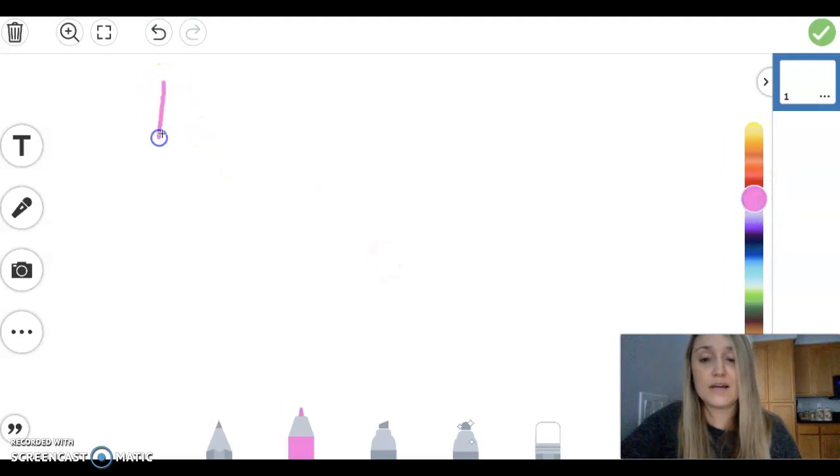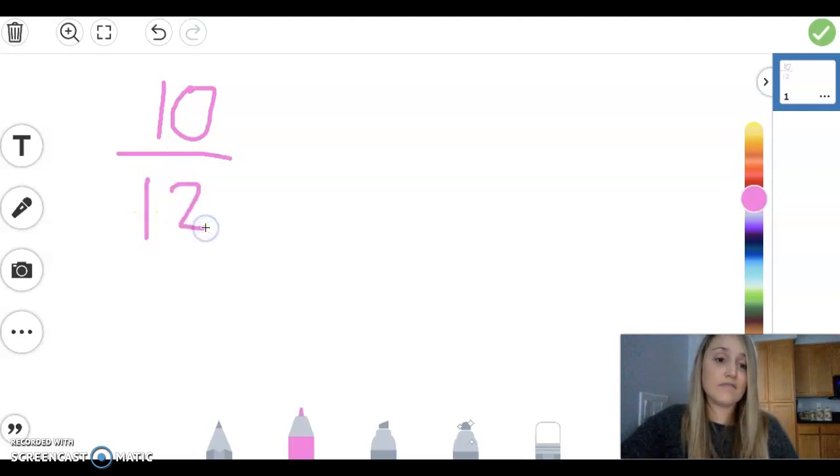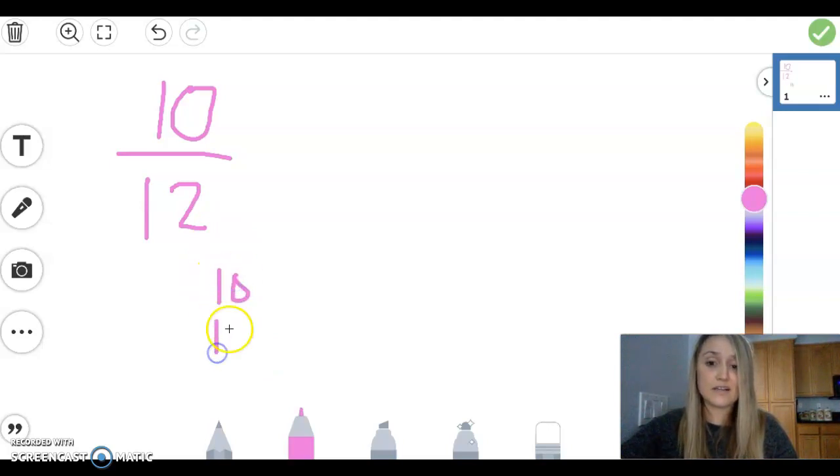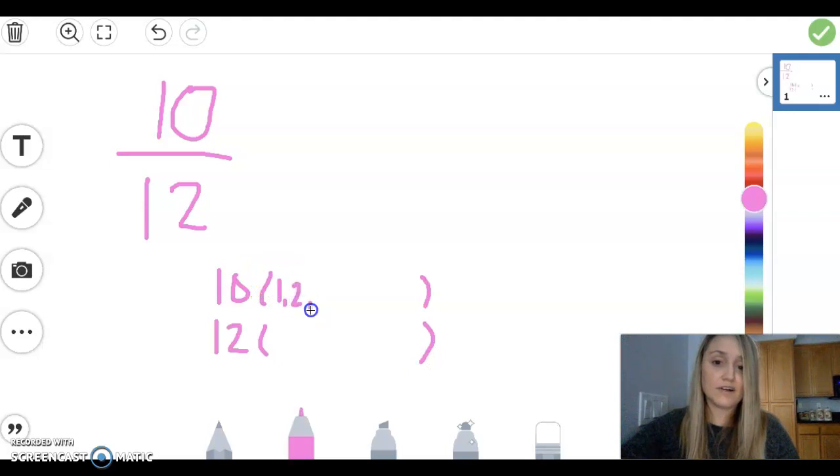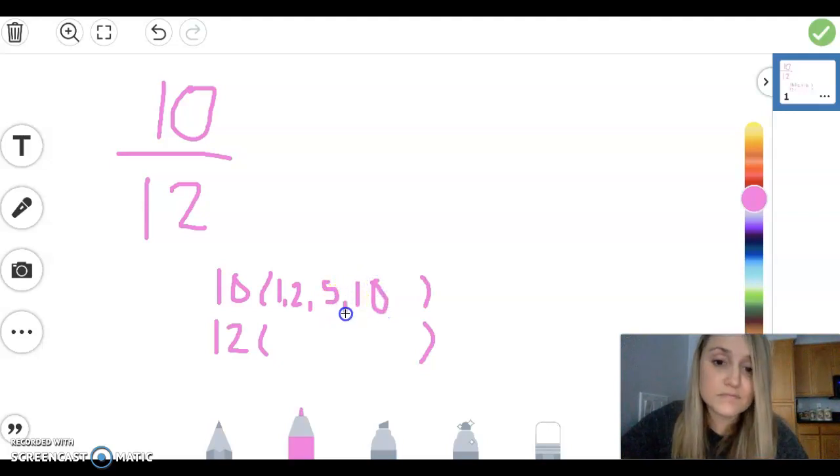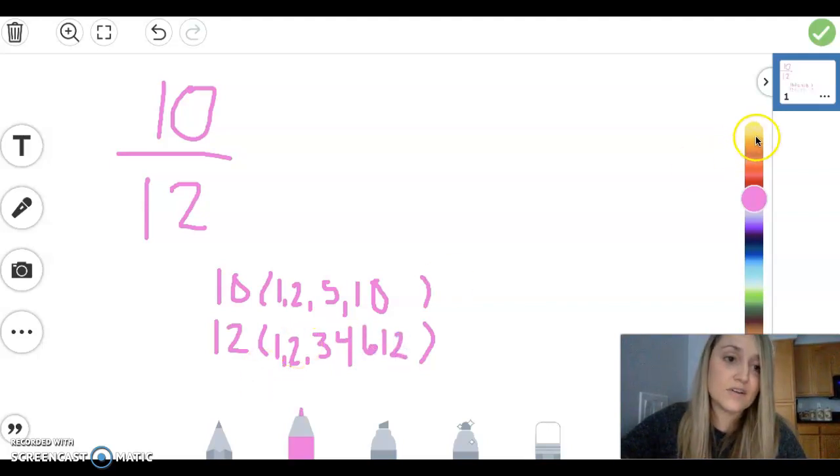And then the other way that you can also do it is, if you have a number like 10/12, you think of a number that they have in common. So if you remember when we did the greatest common factor and common factors in general, if we wrote out all of our common factors, notice these have one thing in common, and that would be 2.